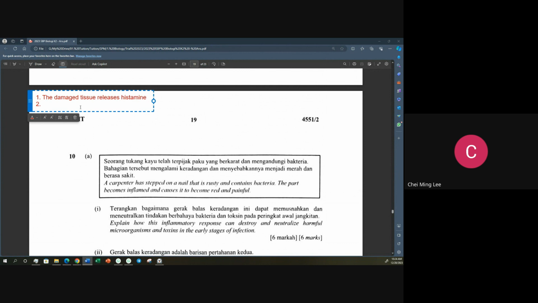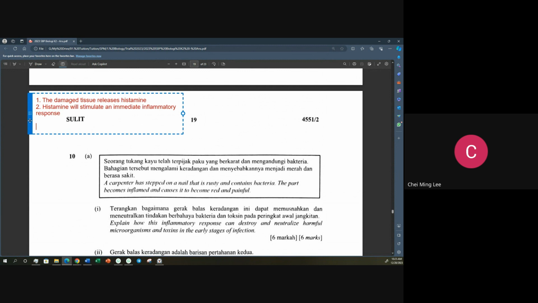Histamine will stimulate an immediate inflammatory response. Then the histamine will cause the blood capillary to expand. Why? Because to allow more blood to flow towards the infected area.